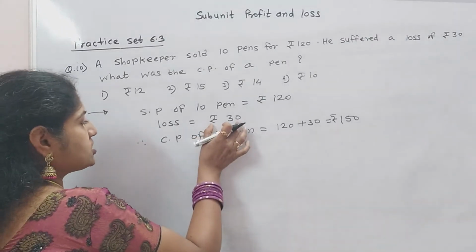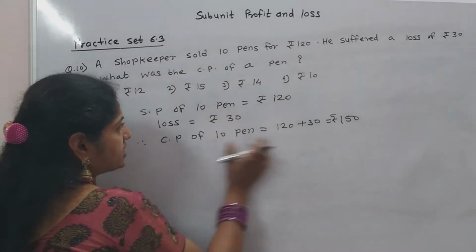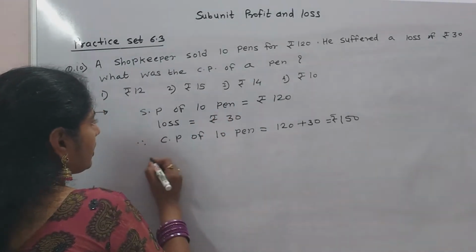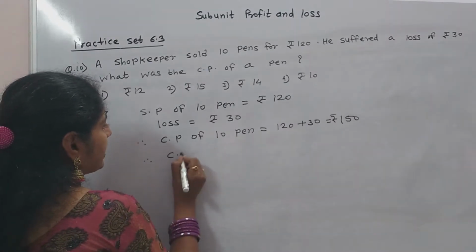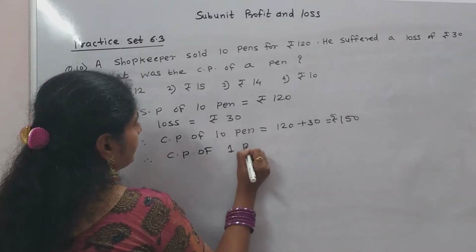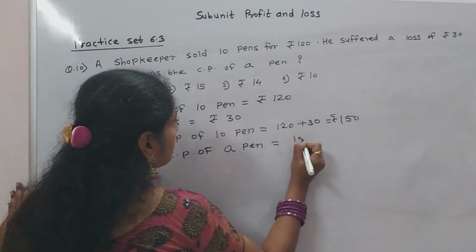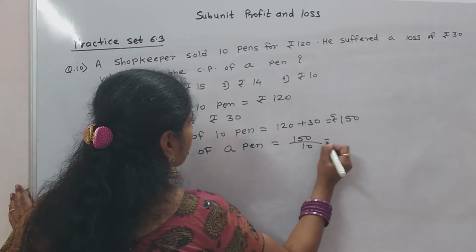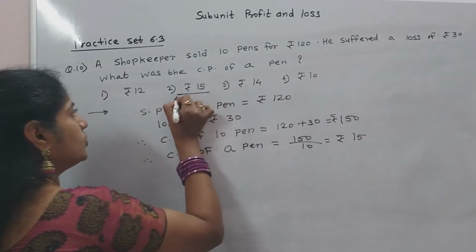There is a loss, so selling price is less and cost price is greater. So cost price of one pen equal to 150 divided by 10, that is rupees 15. Answer is option number 2.